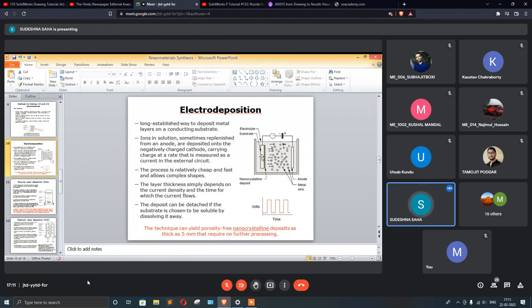Sometimes we require the substrate to be coated, sometimes we require only the nanocrystalline deposit layer, and that we can obtain simply by dissolving the substrate, which you have to choose wisely during your application. And obviously this process is relatively cheap and fast, and it allows complex shapes. Okay, so this is how we can generate the nanocrystalline deposits.